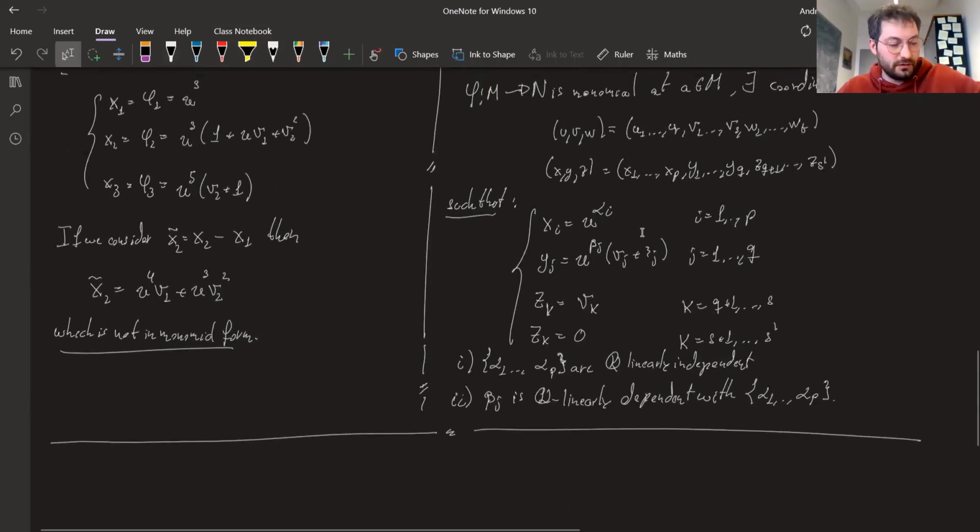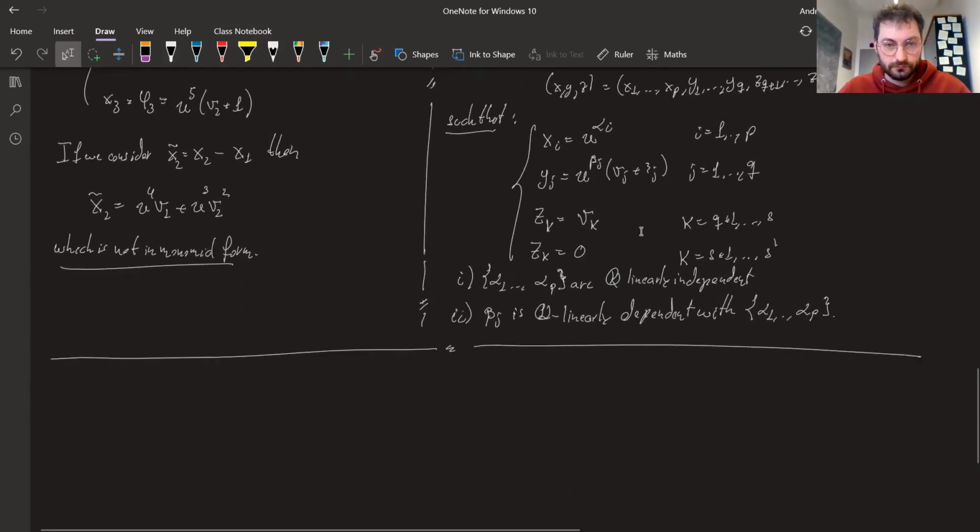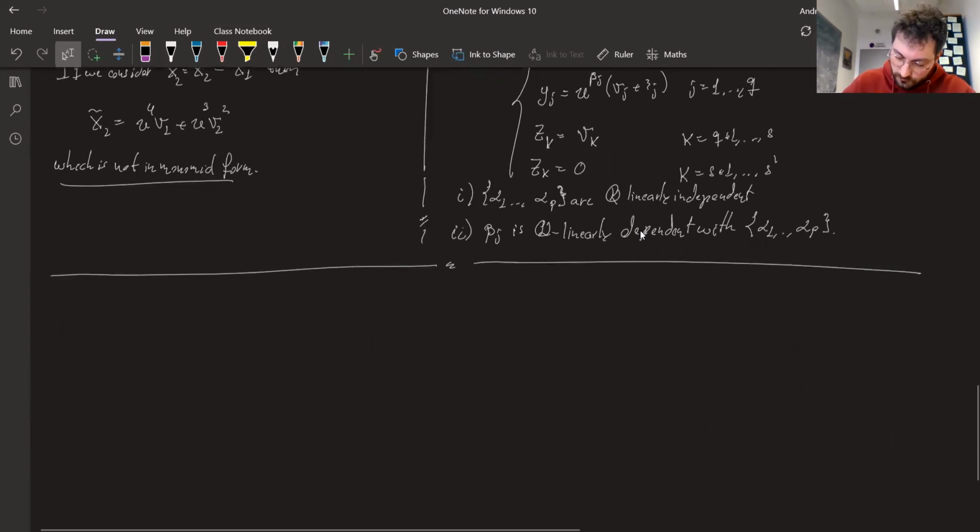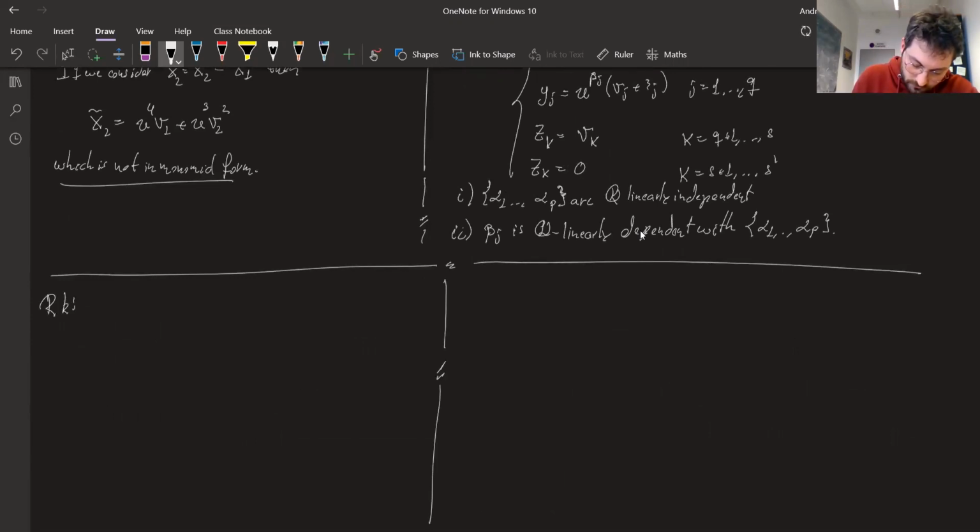Following this definition, I want to talk about the level set. The level set of a monomial morphism is very rigid.